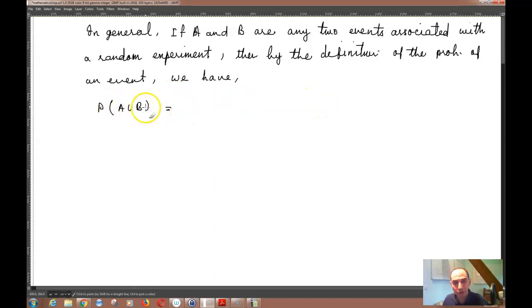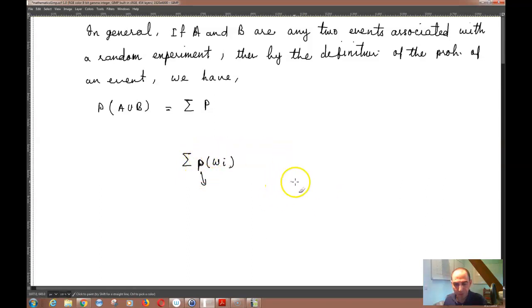P of A union B is equal to sigma of P of omega i. What they have written is sigma of P times omega of i. If this was a lowercase p, I would read this as P times omega of i, in which case this P would denote the probability of some event happening.